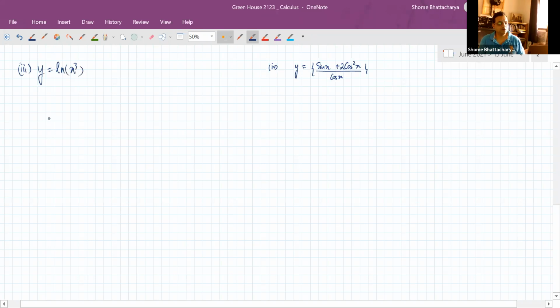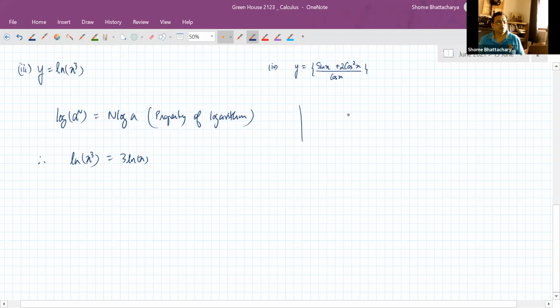Now I'll use a property of log that log of a to the power n is n log a. Therefore, ln, which is natural log of x cube, is nothing but 3 times ln x. This is the property of logarithm.